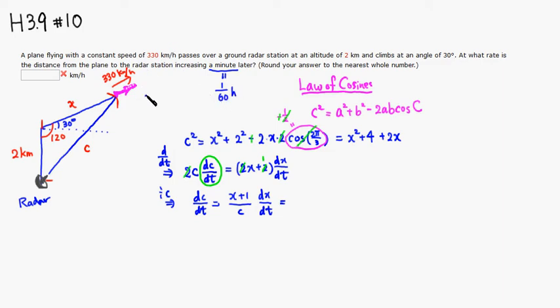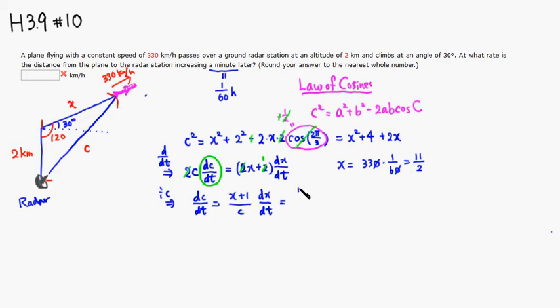So x is going to be how fast it's going, 330 kilometers per hour, times 1/60. The zeros cancel out, and dividing by 3, it's 11/2. So it's 5.5, so maybe I'll just put that in here.